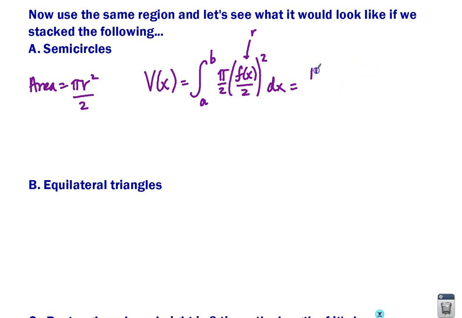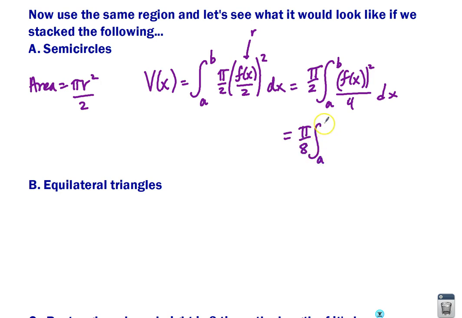Pi over 2, integral from a to b, f of x squared, over 4 dx, because 2 squared is 4. But then if I wanted to, I could clean this up a little bit further and make this pi over 8 from a to b f of x squared dx.